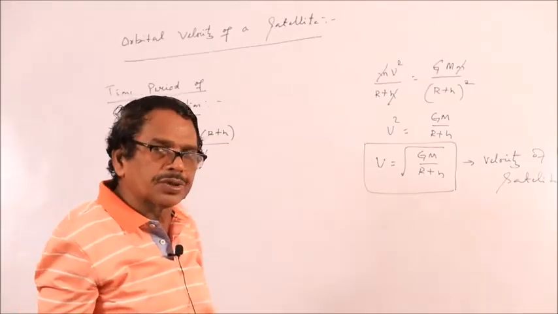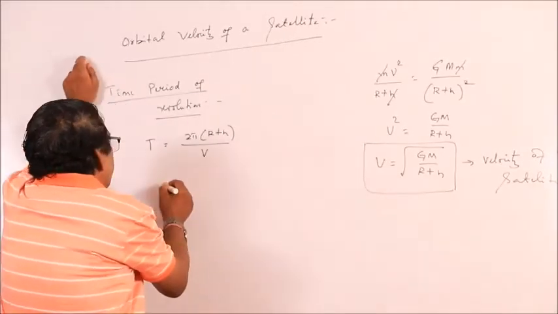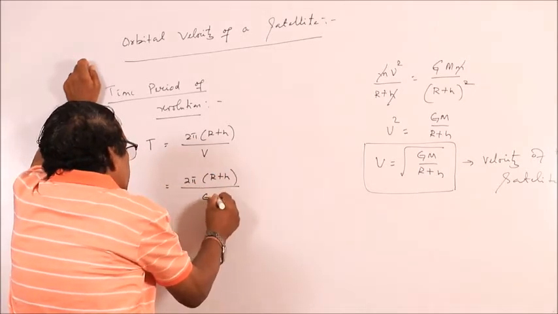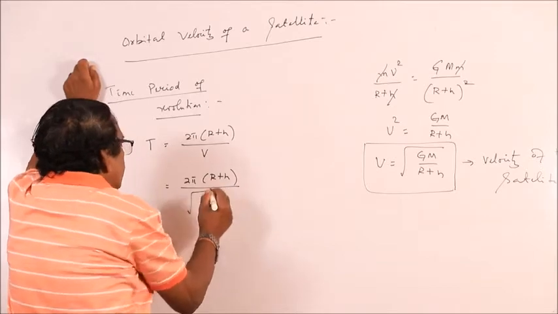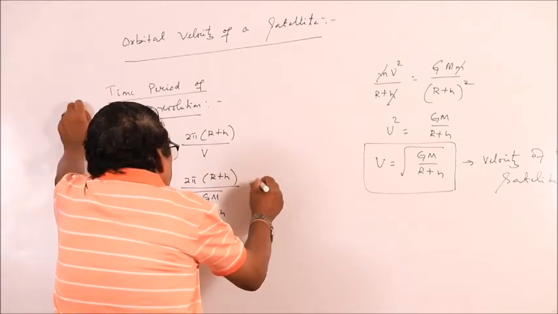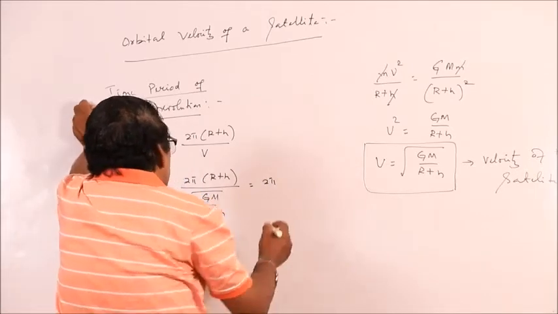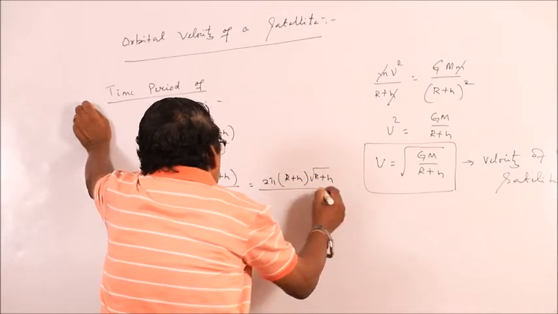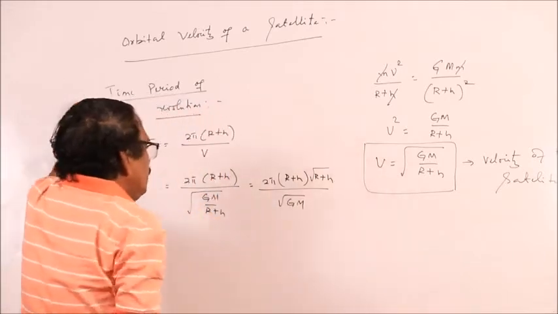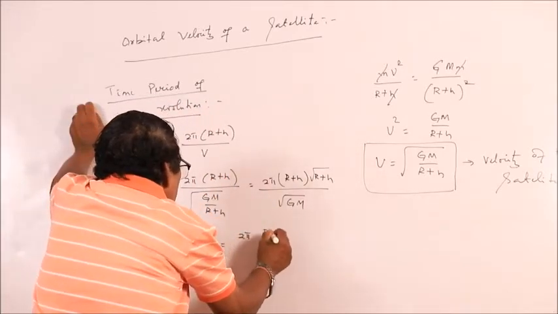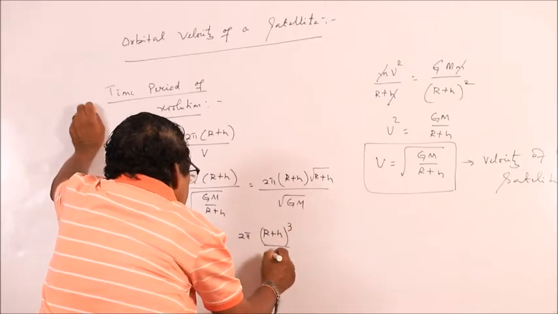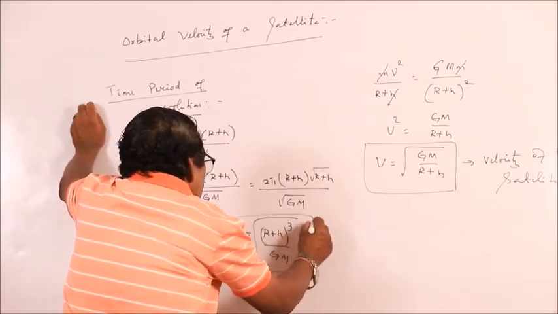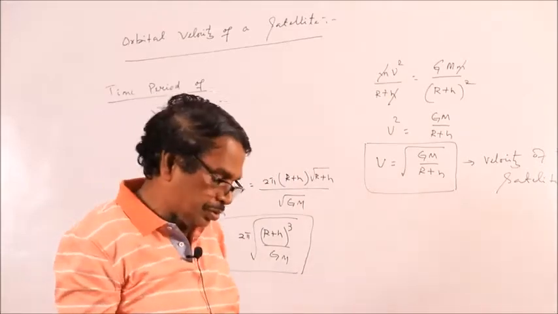T is equal to 2 pi (R plus h) by v, which is 2 pi (R plus h) into root over of (R plus h) by root over of G M. So, we can write it as 2 pi root over (R plus h) whole cube by G M. This is the time period of revolution of the satellite which is revolving at a height h.